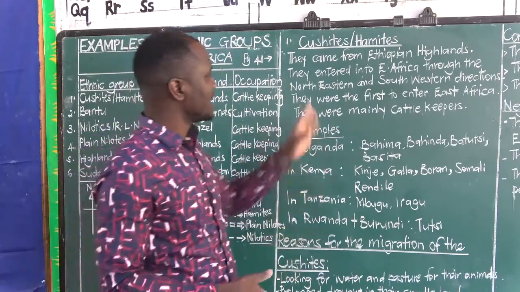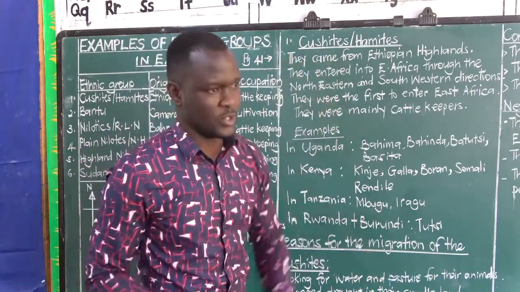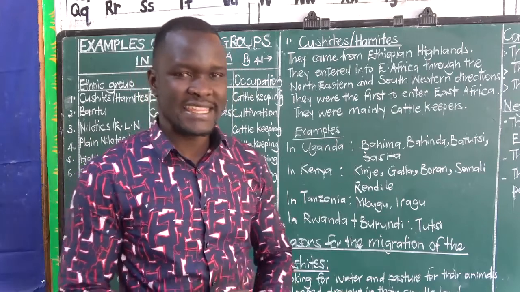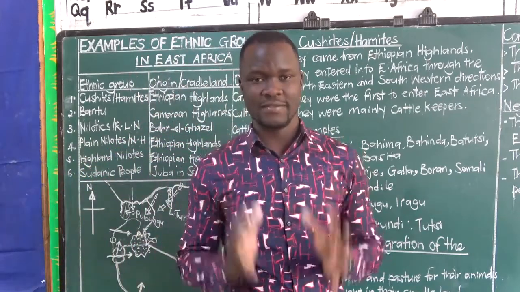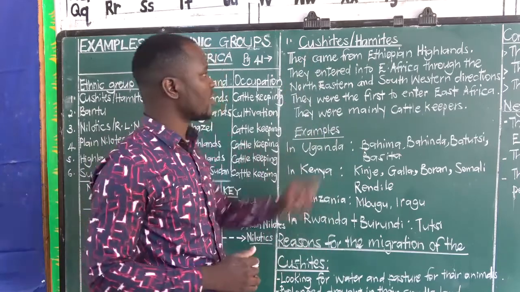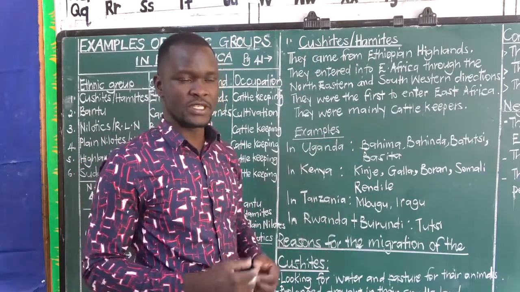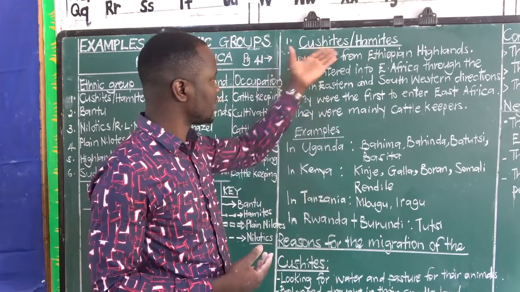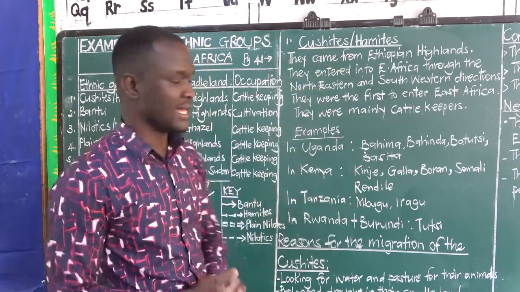Which means, if a question is asked, which was the first ethnic group to come to East Africa, we take the Cushites or the Hamites. It's the same. Whichever you write, you will still get a tick.